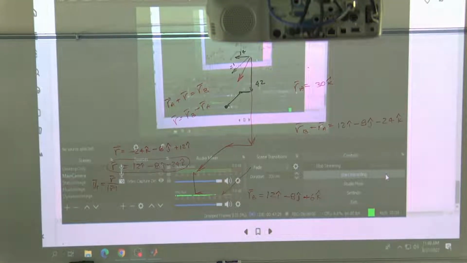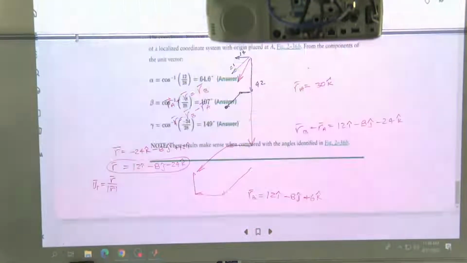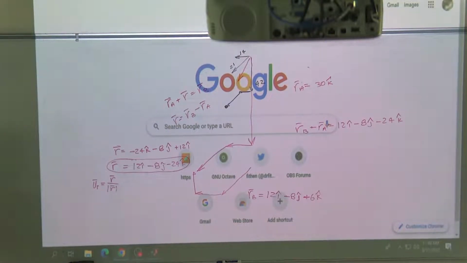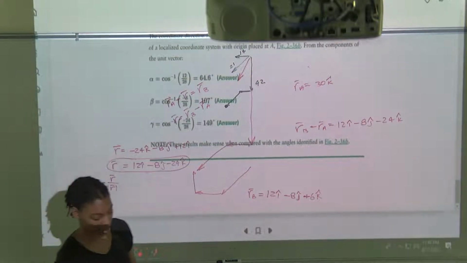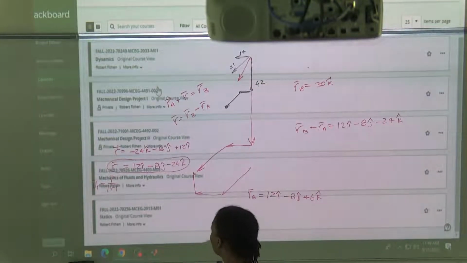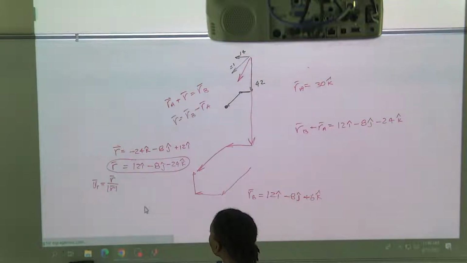Let me draw it. Which one is that? 12? I might be able to draw that one up on the screen. It's from the 10th one. So it's not dynamics, it's statics.